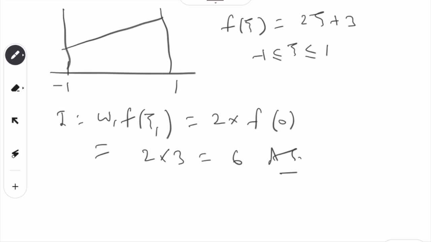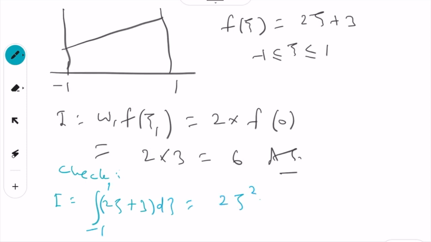Okay, and you can integrate also, you can find out, check whether it's correct or not. You can say I equal to the integral of 2 xi plus 3 d xi from minus 1 to 1, which will be equal to 2 xi square over 2 plus 3 xi, from minus 1 to 1.